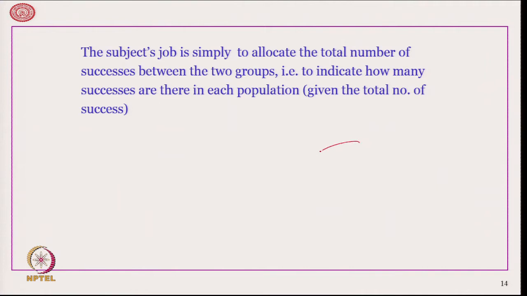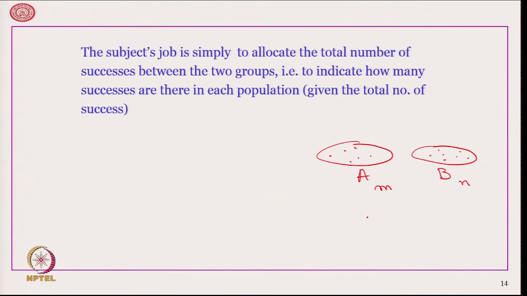So, suppose as before there is A population and there is B population of size say m and n, and there are some successes and failures here and some successes and failures here, and we want to check if there is any difference between the success rate of A and B. What is given to us is that out of m plus n many elements, how many successes are there.